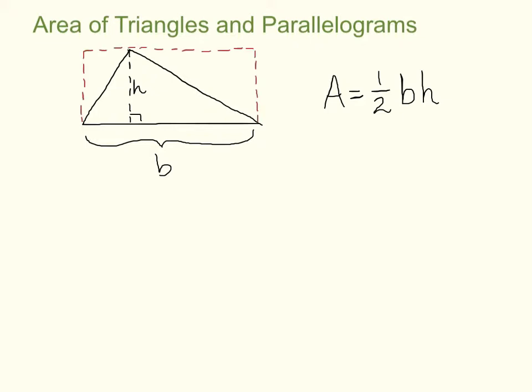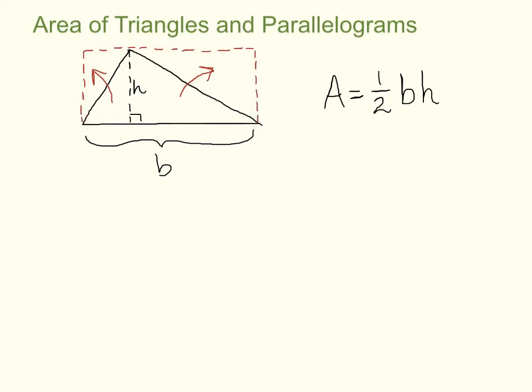Well, imagine, if you will, that this triangle here doubles out, this part of the triangle here will double out to become another piece there. And at the same time, this triangle here will double out to become that triangle there. As you can see, now we have a rectangle.